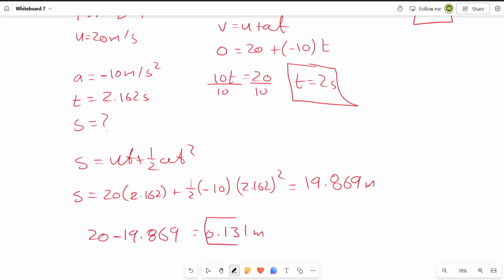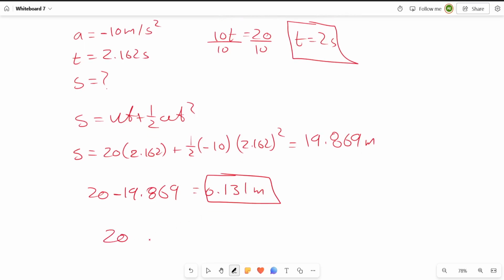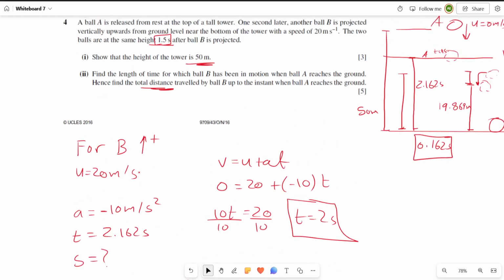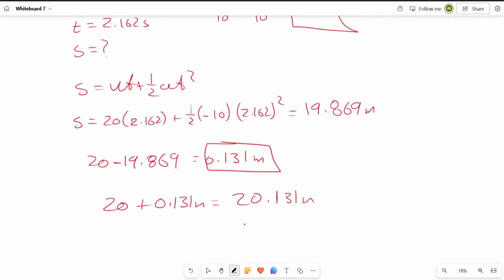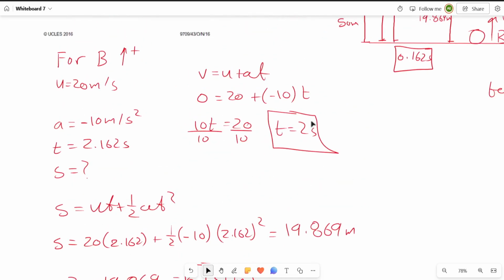So this is the extra distance that B moved downwards. So the total distance is going to be the distance that B moved upwards, which is 20 meters, plus the extra distance that B moved downwards, 0.131 meter. If we add them, it's going to give me 20.131 meters. Did the question specify for any? No. So 3 significant figures is enough. So 20.1 meters is the distance that B moved until A reached the ground.